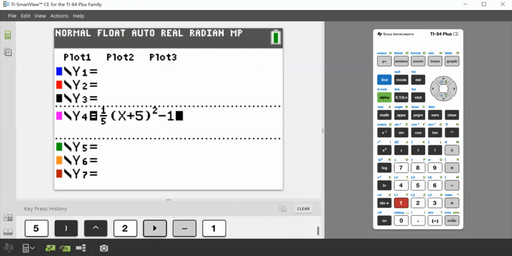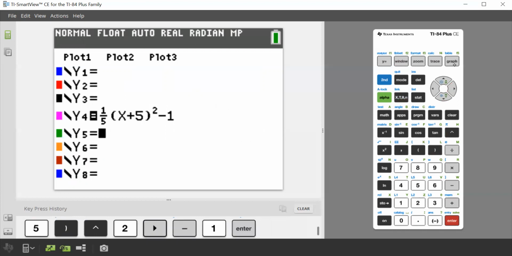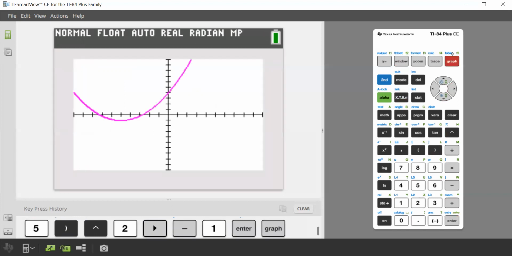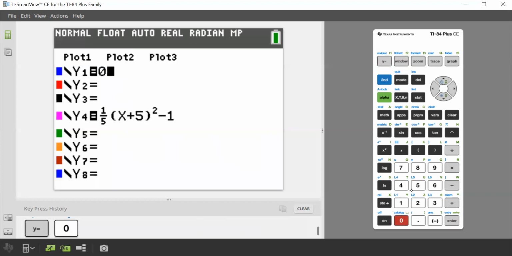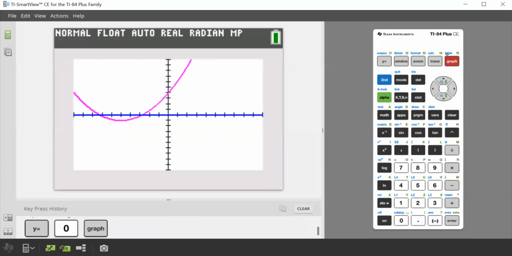And -1, and there it is. There's your graph. And again, from here, you can find the max, the min, find the x-intercepts by letting y2 equal 0, and it draws in another line, and then go to intersection. Okay, those are the main features of how you're going to play around with your graph.